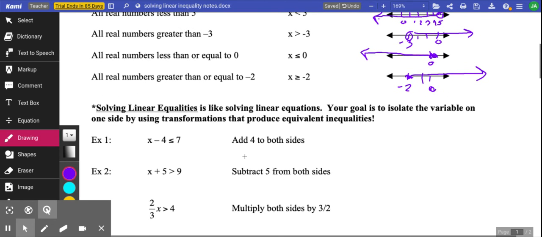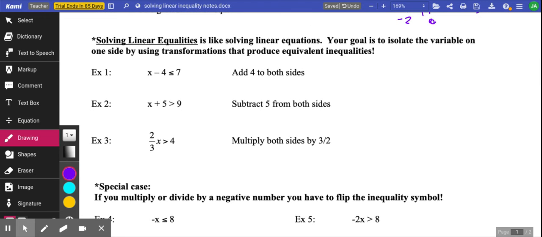Solving linear inequalities. This should be inequalities. It is like solving linear equations. Your goal is to isolate the variable on one side using transformations, also known as inverse operations, that produce equivalent inequalities.